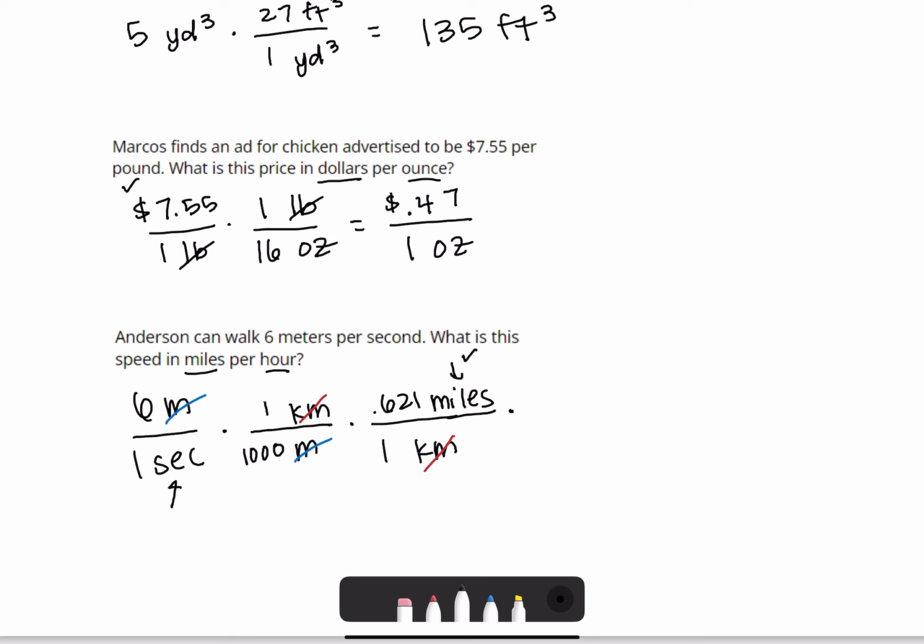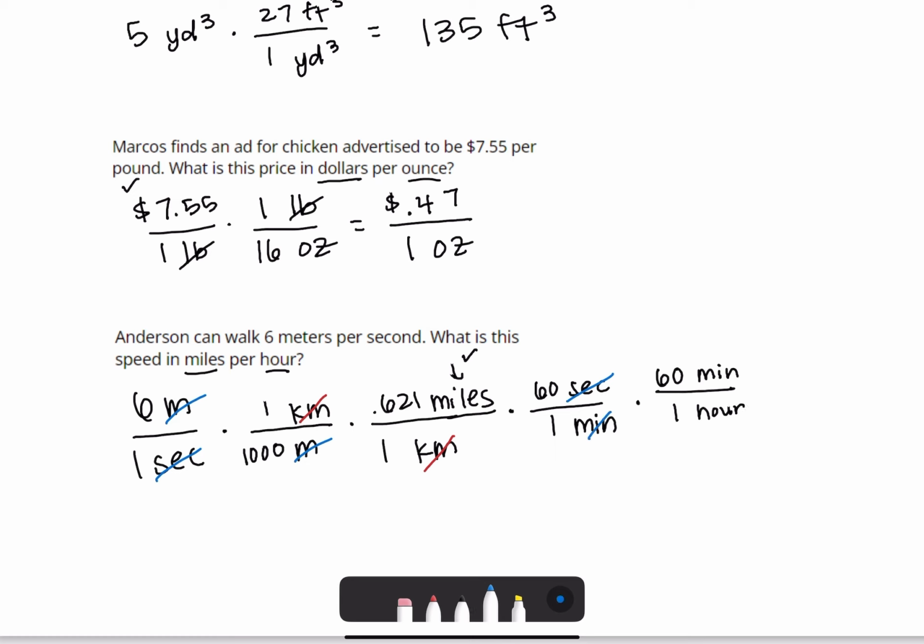We're still in seconds, and we don't want to be in seconds. The seconds unit is in the denominator, so we want seconds to be in the numerator, so the units cancel, seconds with seconds. And then we have minutes, but we want hours.